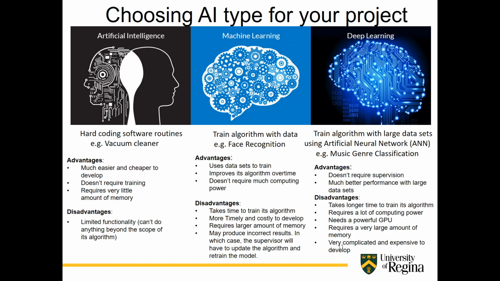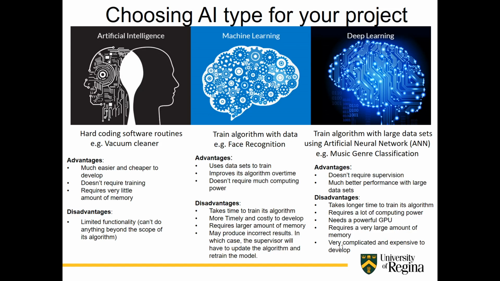It may take a couple days, for example, for an algorithm to train to recognize faces. It's definitely more timely and costly to develop than the regular AI. It requires a larger amount of memory because you have data sets. It may produce incorrect results if something has gone wrong, in which case the supervisor will have to update the algorithm and retrain the model, which will once again take some time.